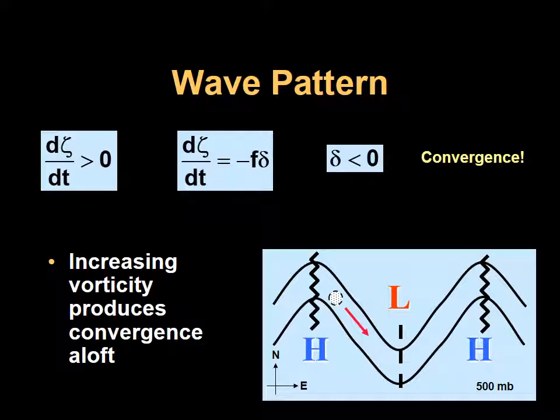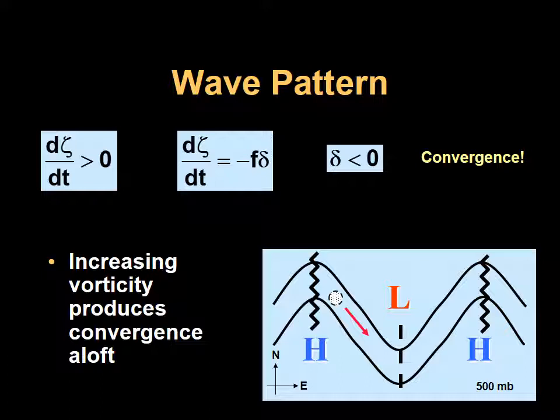So if we look at our scaled vorticity equation, if the left-hand side is positive, what do we need to do to make the right-hand side positive? Well, number one, f, the Earth's vorticity, is always positive in the northern hemisphere. So we got a minus sign outside to make that right-hand side positive.